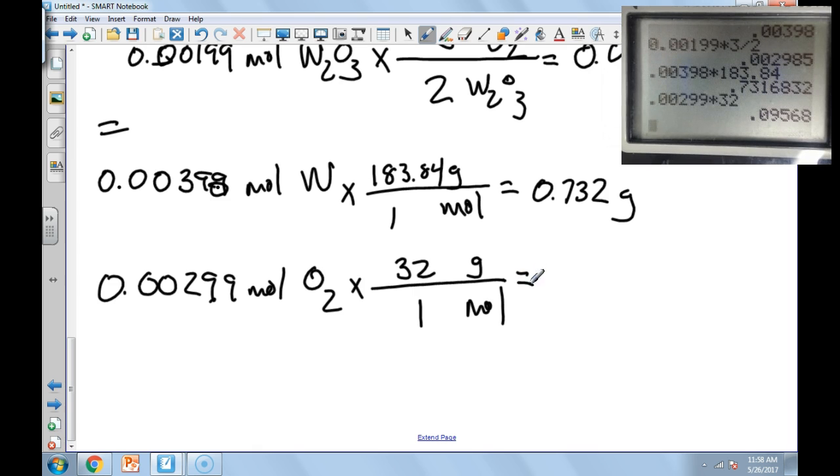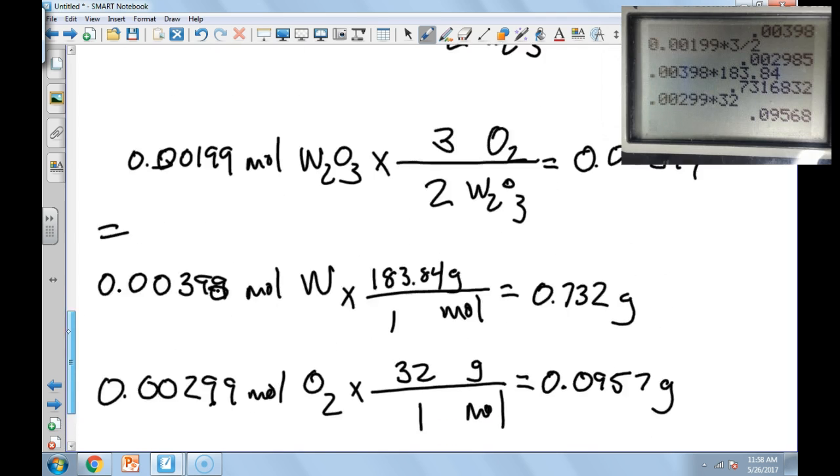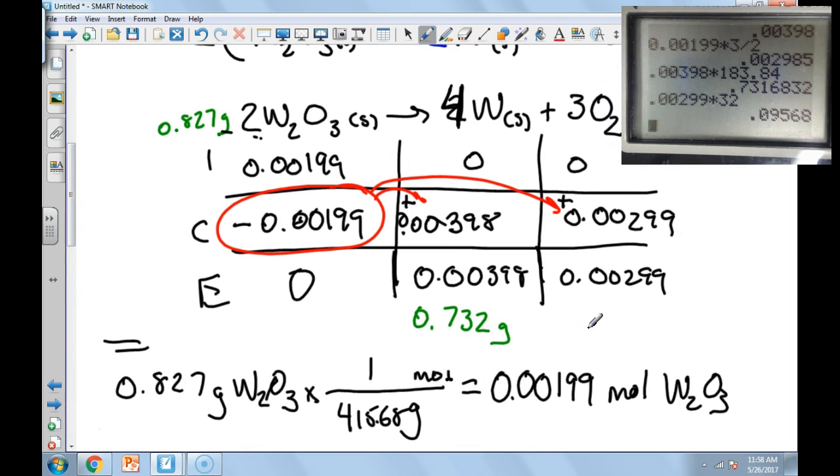And so this is equal to 0.0957 grams. Okay, so now we're going to go up here. And now we get, here, it's 0.0957 grams.